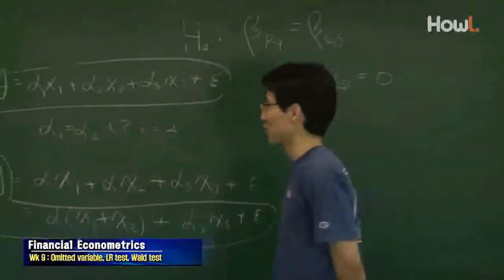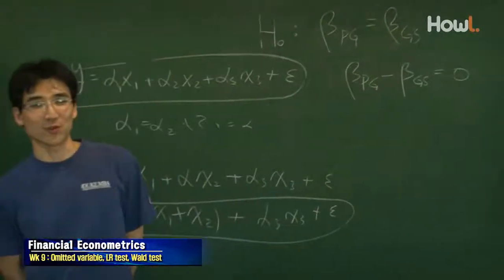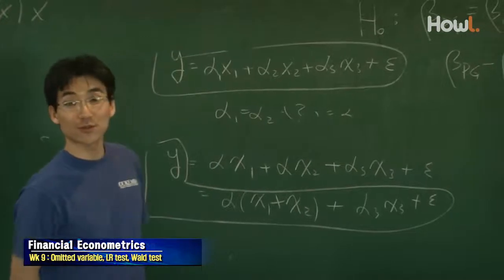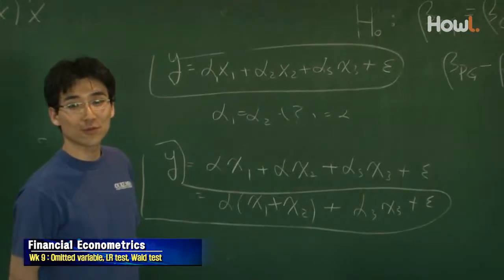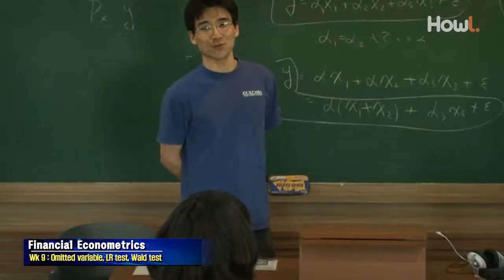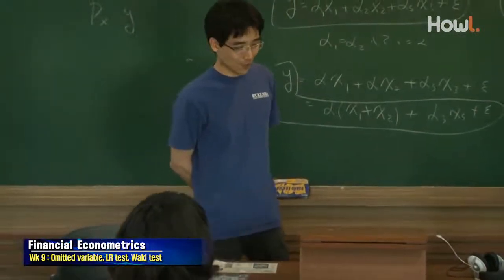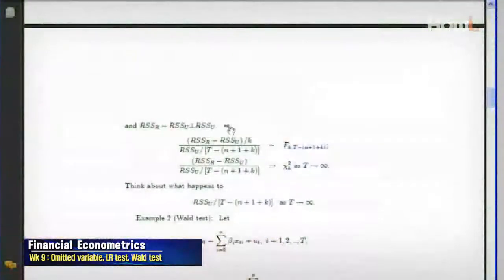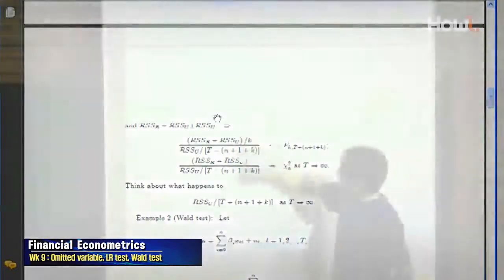Anyway, do this exercise yourself at home if you have time. The ratio, if our hypothesis is right, should follow an F distribution. Not the residuals themselves, okay? It is the ratio of the residual sum of squares and the difference of residual sums of squares.